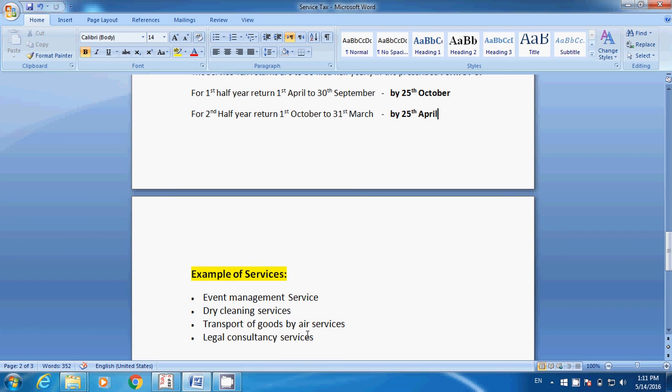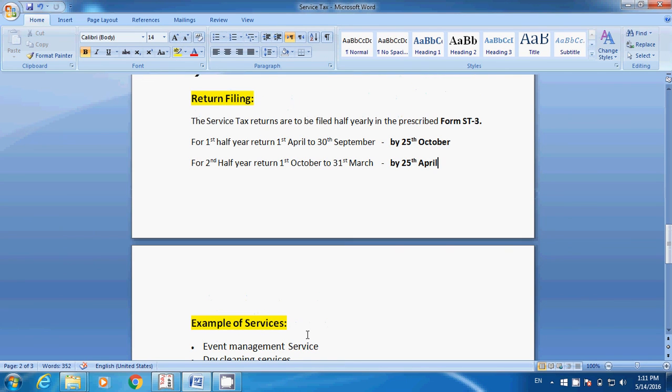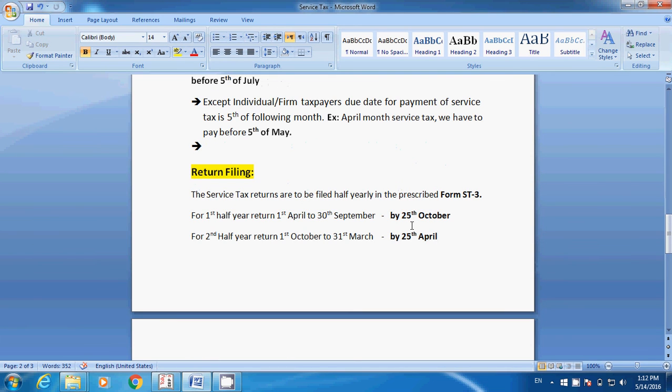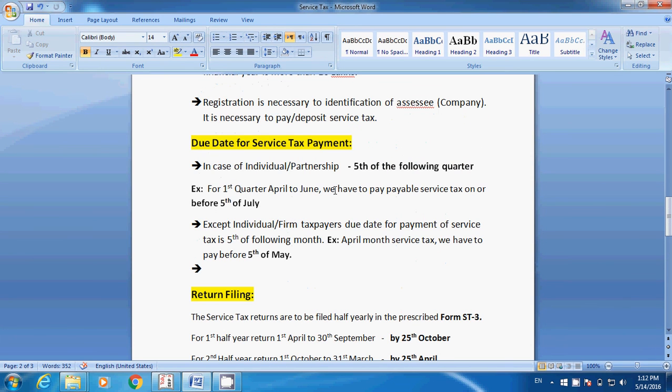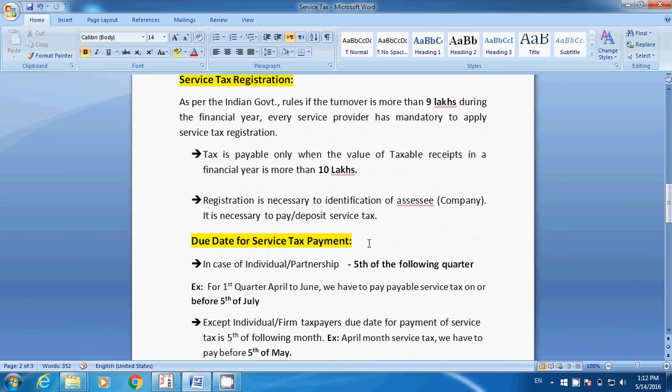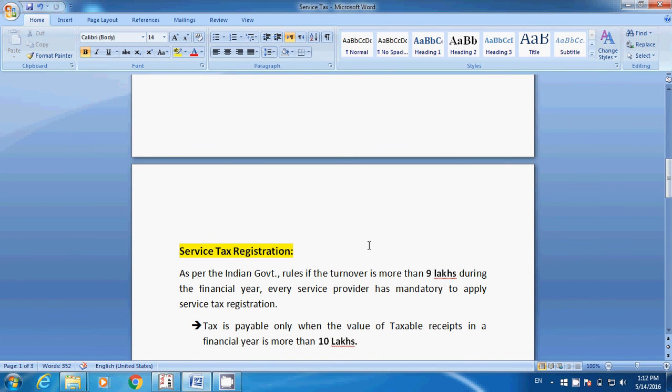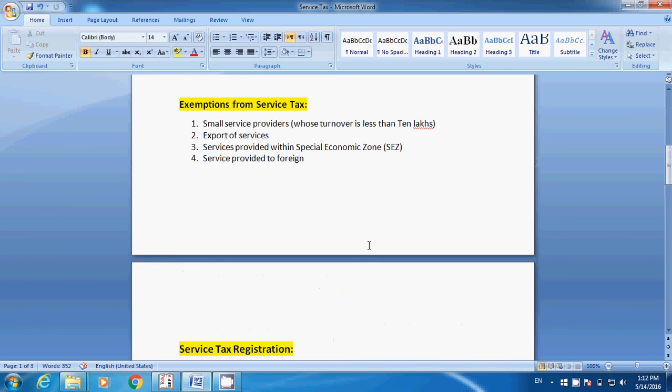In those cases service tax will be applicable. This is the basic information, and these are the important due dates: when we have to file the service tax half-yearly return, the due date for service tax payment, and when we go for service tax registration. These are the basic things about service tax.